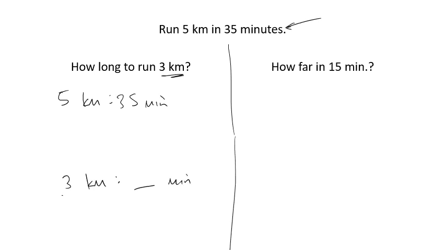So the fact that I'm looking for 3 kilometers gives me an indication of which unit rate I want to find. I want to find my unit rate of 1 kilometer. So I'm going to divide both of these by 5, and that means I can run a kilometer in 7 minutes. I might be using the word run kind of loosely, but I could go 1 kilometer in 7 minutes. And so now once I have this unit rate, I can multiply by 3, and now that's 3 kilometers in 21 minutes.